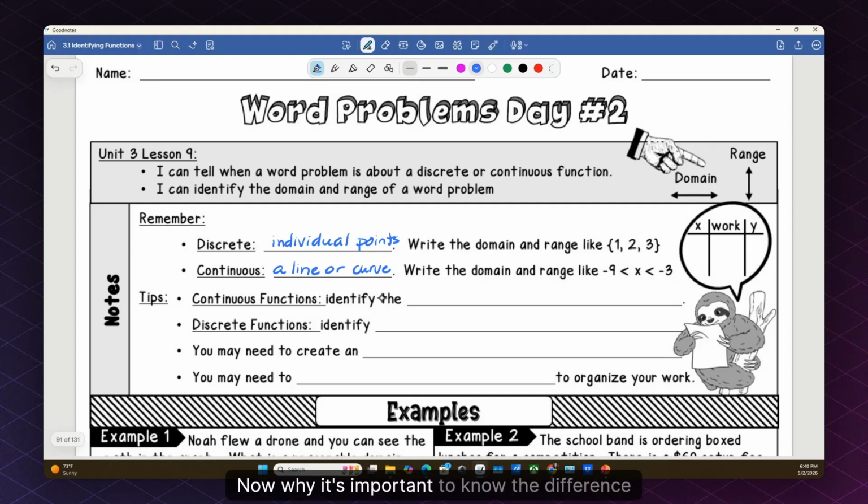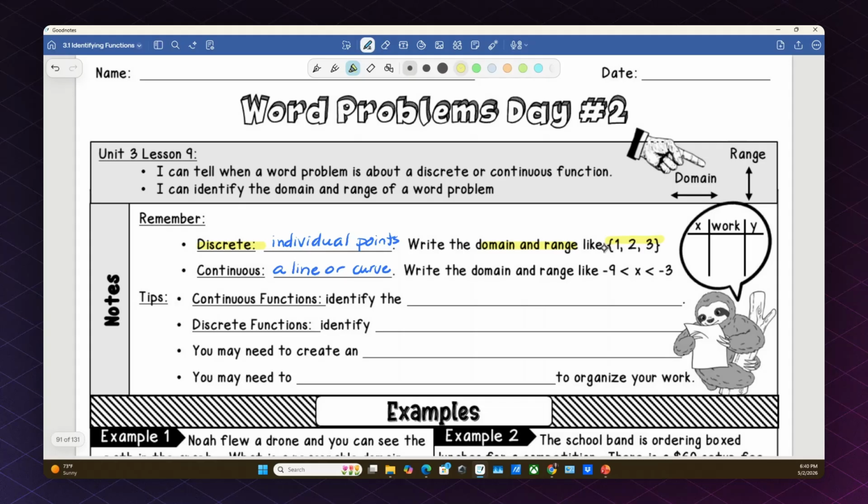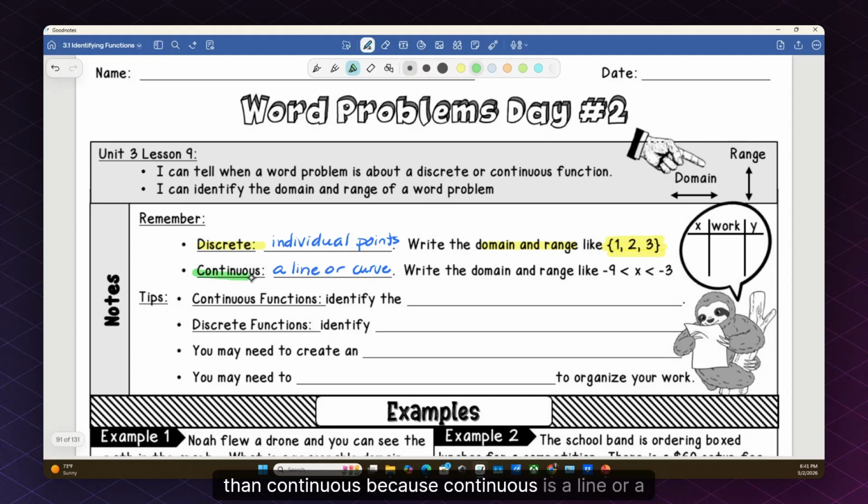Now, why it's important to know the difference between these is because it affects how you write them. So if we had a discrete function, which remember are individual points, we would write either our domain or our range in this format. We would list out all the possible values that x could be, and we would list out all the possible values that y can be. That is different than continuous, because continuous is a line or a curve.